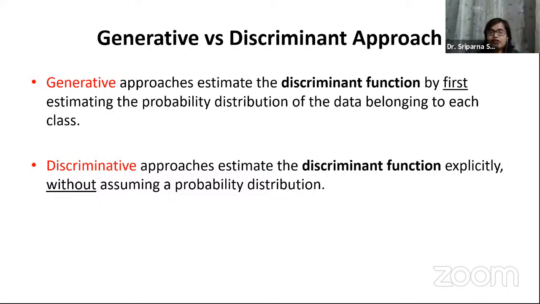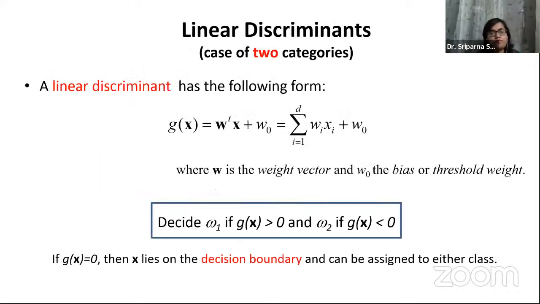So here we are talking about the linear discriminant, that is, the hyperplane that you are going to draw will be linear in nature. For the preliminary concept, we are going to talk about the linear discriminant for two categories of data.